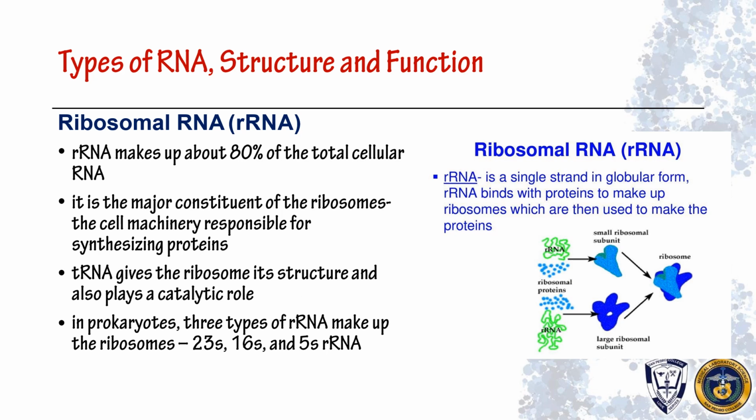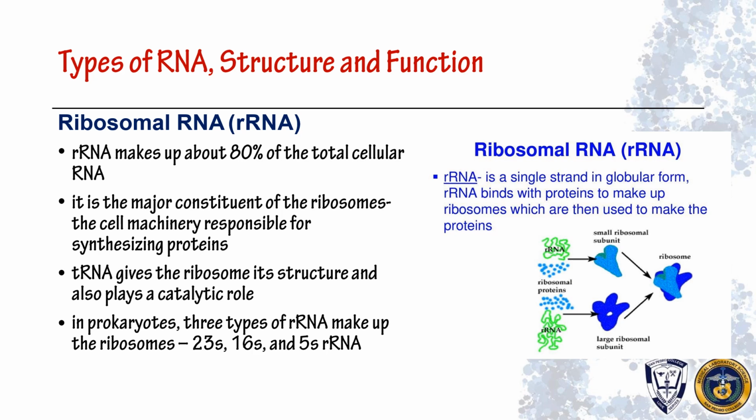So during translation, a small ribosomal subunit attaches to the mRNA molecule. And then the initiator tRNA molecule recognizes and binds to a specific codon sequence on the same mRNA molecule.